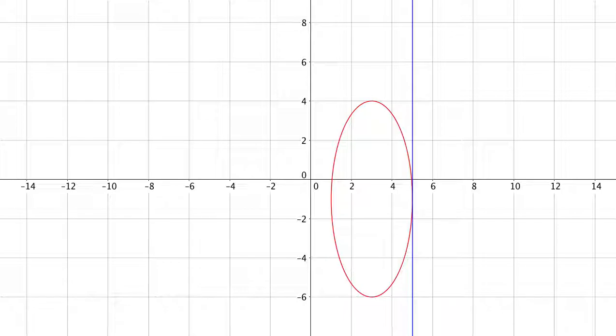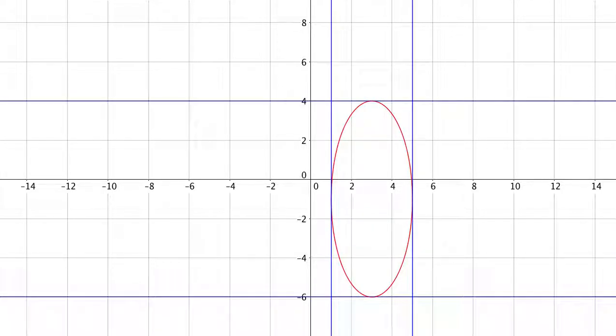So vertical tangent, horizontal tangent, horizontal tangent. And those coordinates, we have this at (5, -1). We have this one at (1, -1). We have this at (3, 4). And we have this one at (3, -6). So you can see analytically we did all this work, and it completely meshes with graphically what's going on.